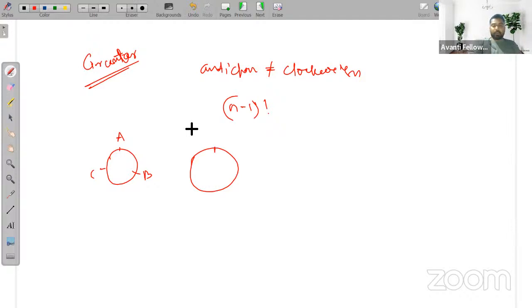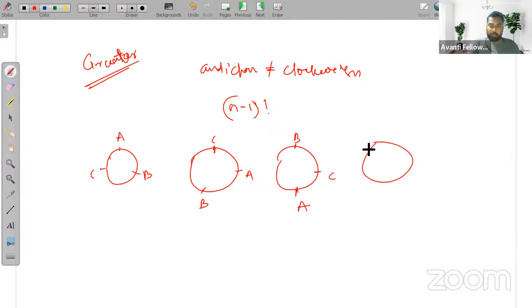You can see here, this will be for this place. C can become here C A B. One more is B C A, and another one is A B C, C A B, B A C. That is the total number of ways.